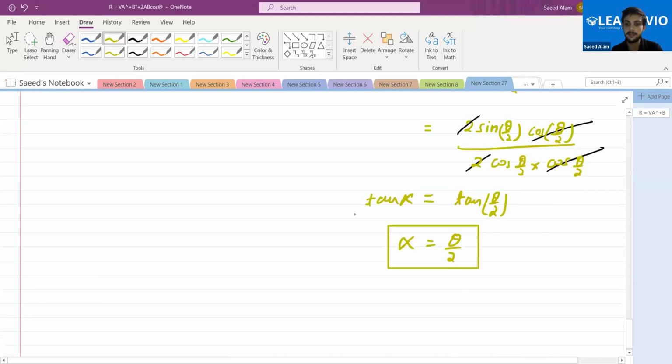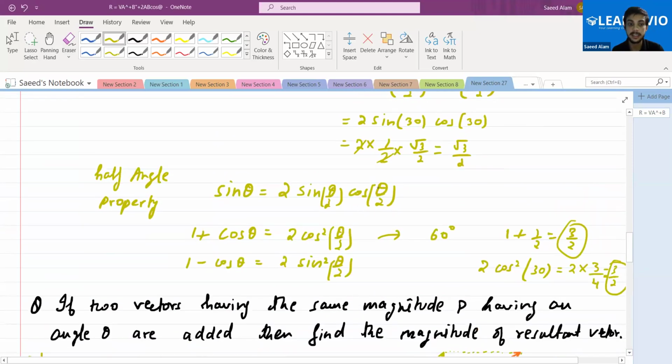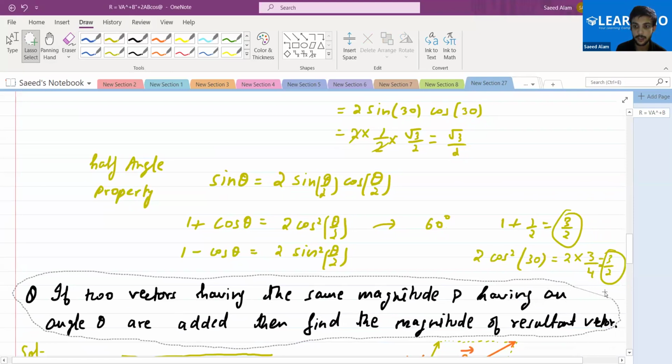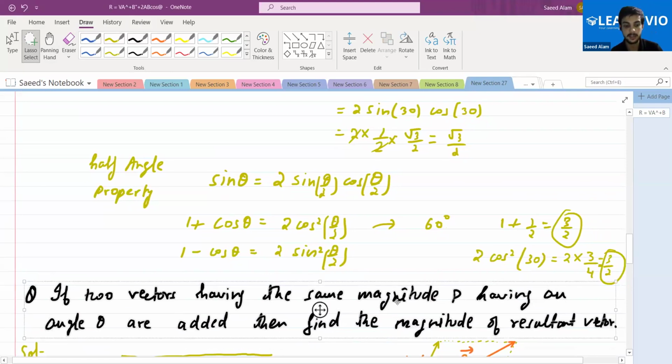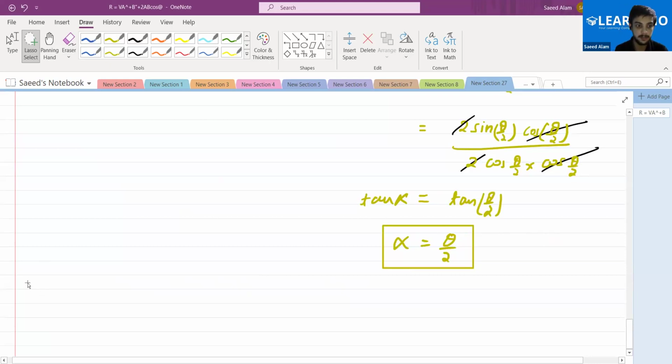Yes. So this is the final thing that we had obtained. Suppose I ask you the same thing, but this time instead of the addition of the two vectors, I'm taking the subtraction of the two vectors. So what do you think we'll obtain here? Let me copy paste it over here so that we can save some time.